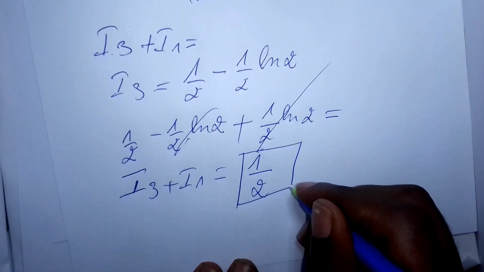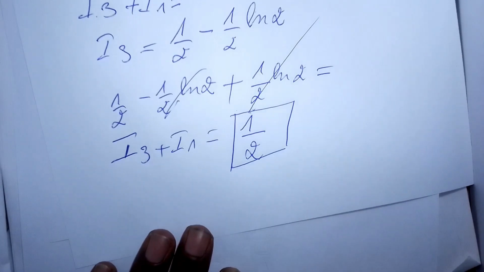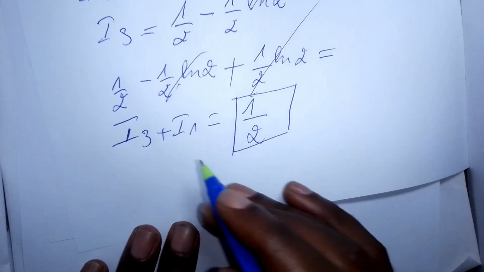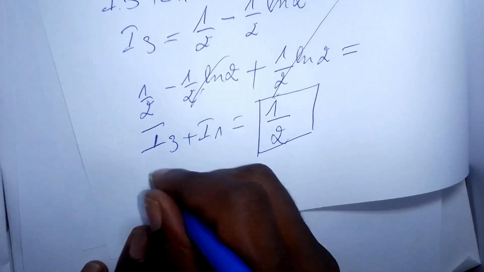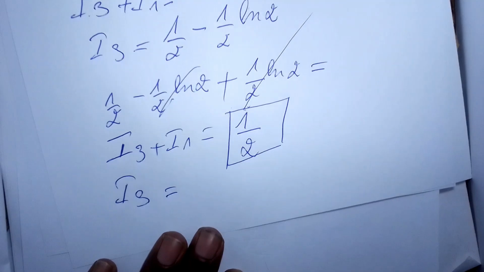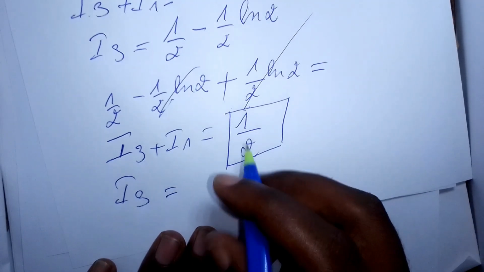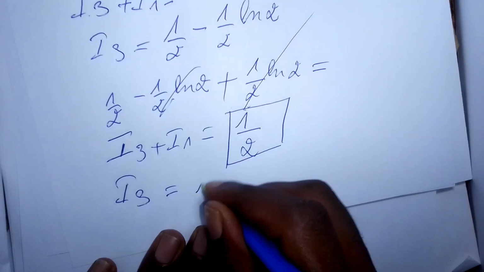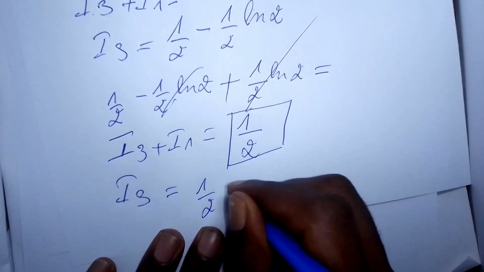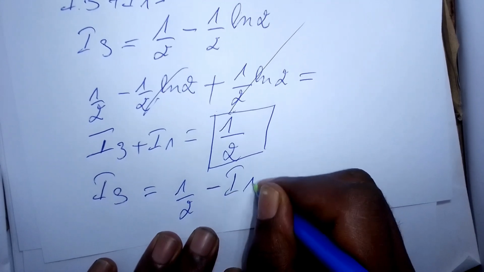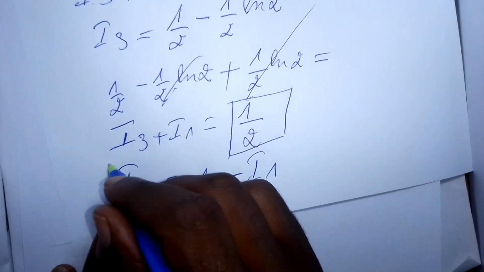This is the solution. What we are going to do next is deduce that I3 equals 1 over 2 minus I1. This is the deduction.